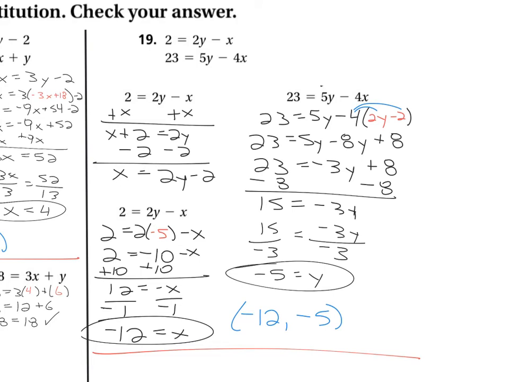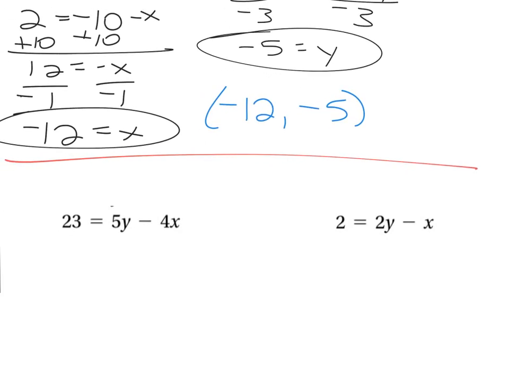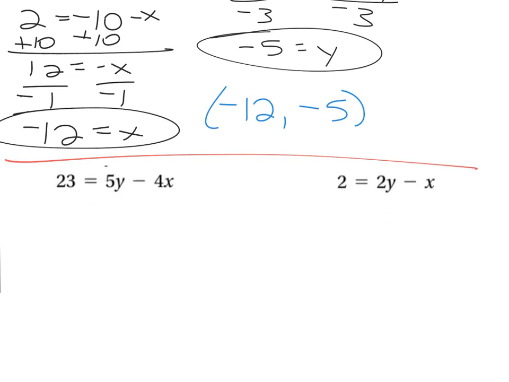I'm going to grab each of these equations there. Drop that down there. Do it again. So that below here, when we take those two values, negative 12 and negative 5, we can sub them in. And see how we do.